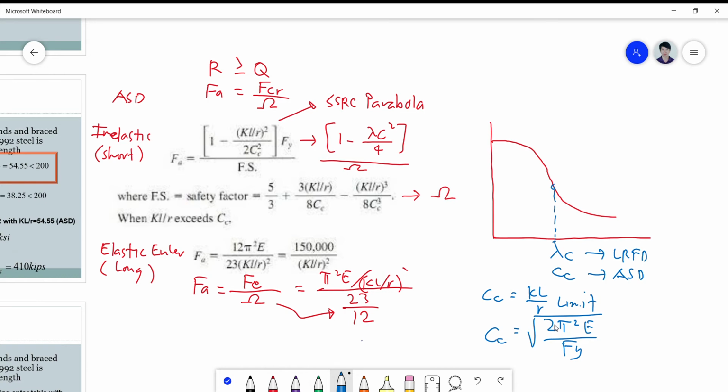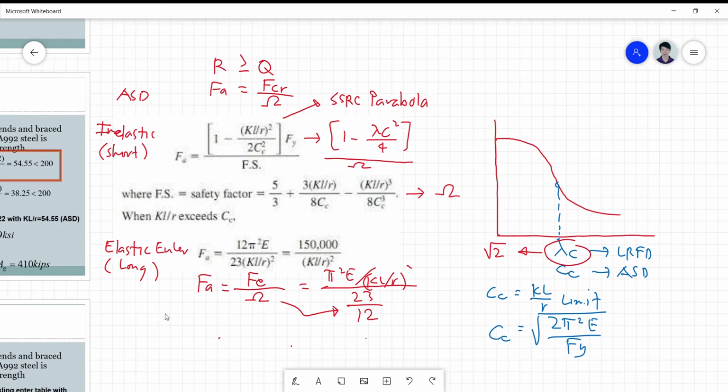This square root of 2 here is the value of your lambda sub C in LRFD. So let's plug it here in this equation.